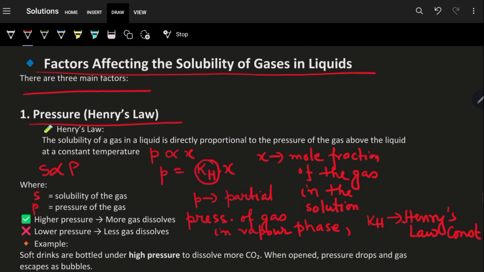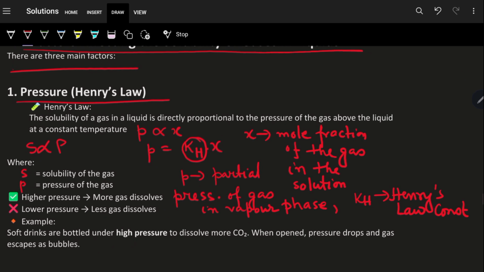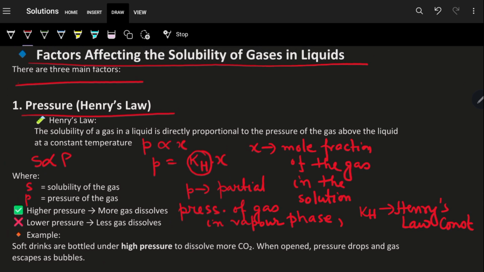And what are the factors that affect the solubility of gases in liquids? Mainly the pressure. And here we see Henry's law, which states that the solubility of gas in a liquid is directly proportional to the pressure of the gas above the liquid at a constant temperature. Whenever a liquid is kept in any container, this empty space is actually having vapors of the liquid, which later on we will see is called the vapor pressure.